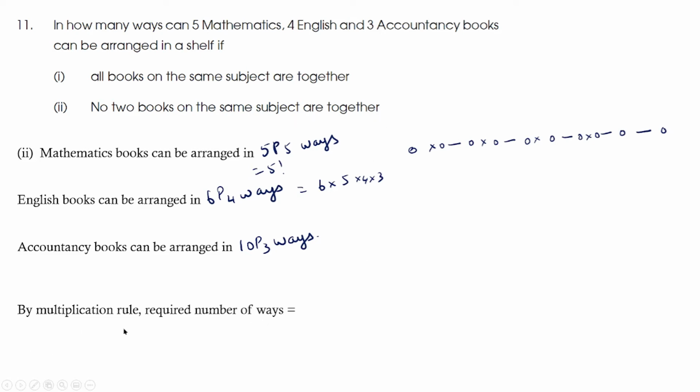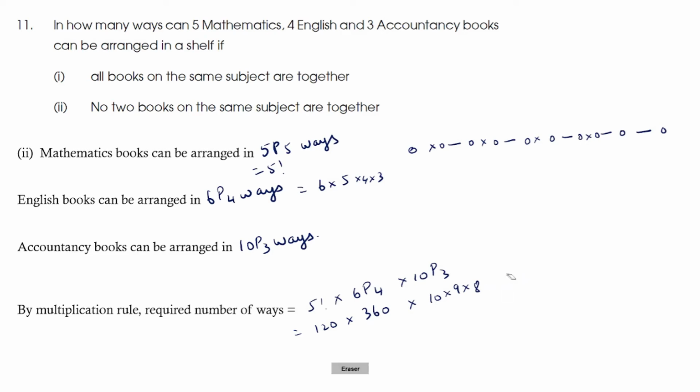So by multiplication rule, the required number of ways will be the product of all these. So it is 5 factorial into 6P4 into 10P3, or 5 factorial is 120 into 6P4 is 360 into 10P3 is 10 into 9 into 8.